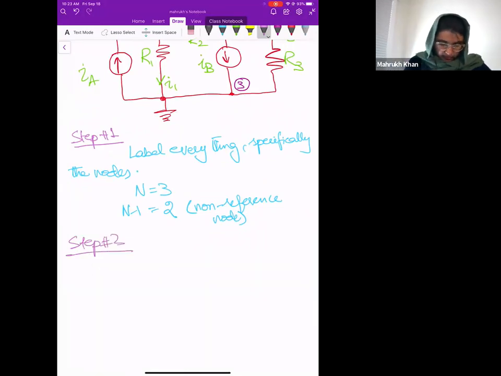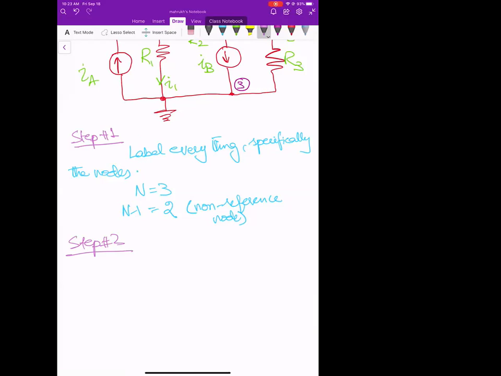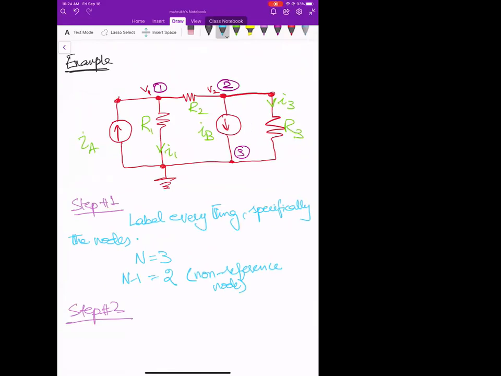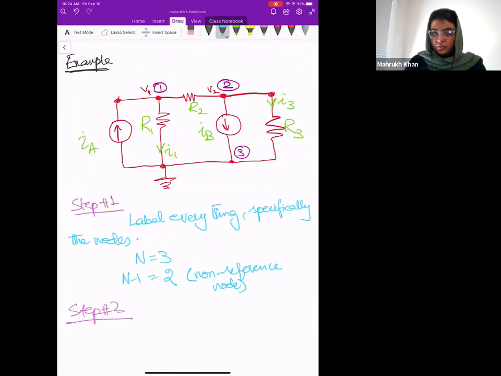Okay, so our step number 2 is. Does it matter how you label the nodes, like 1, 2, 3? Yes. It's a normal symbolic thing that you make your reference node the last node number.